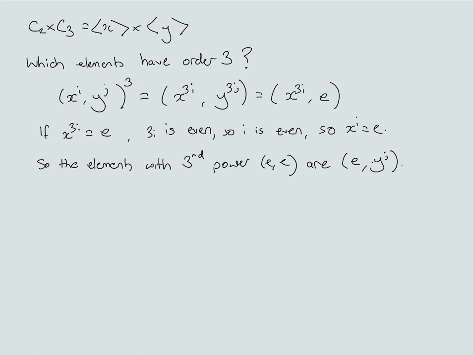And of course this will have order 3 if and only if j is not a multiple of 3. So (e,y), (e,y^2). And that's it. Those are the only powers of y which are not the identity.